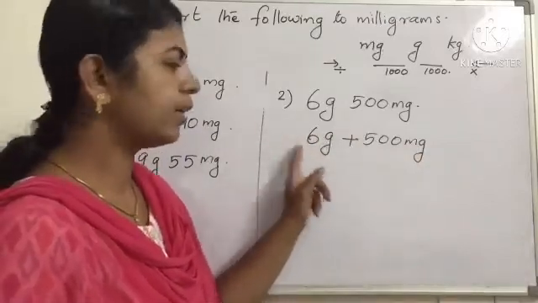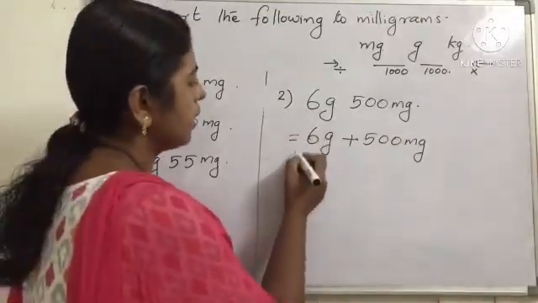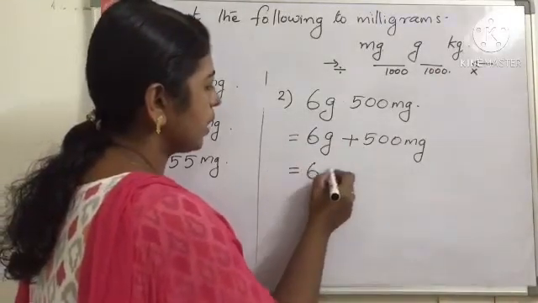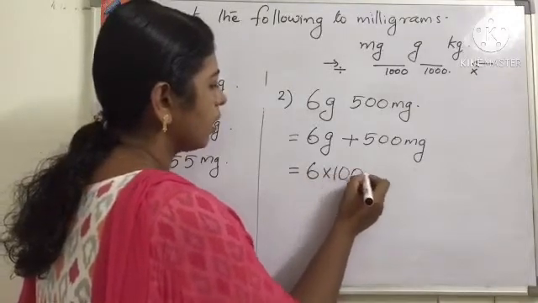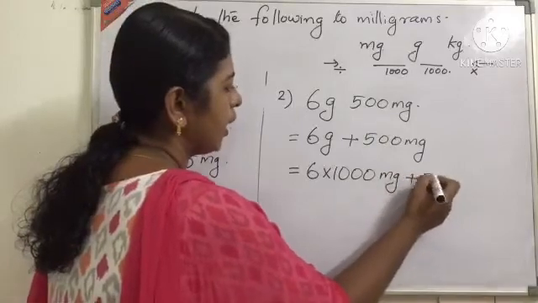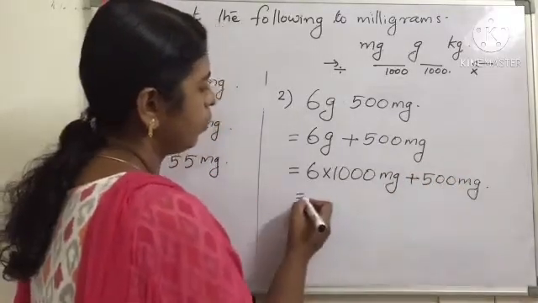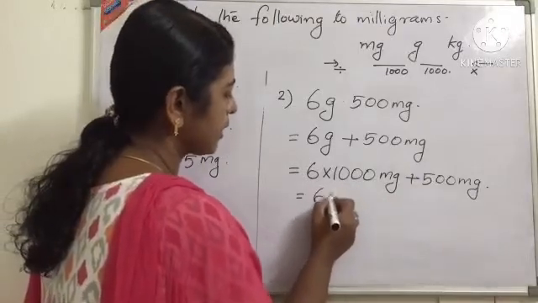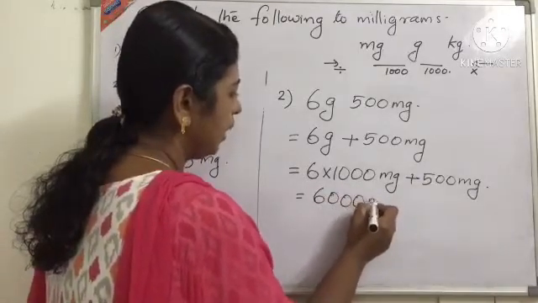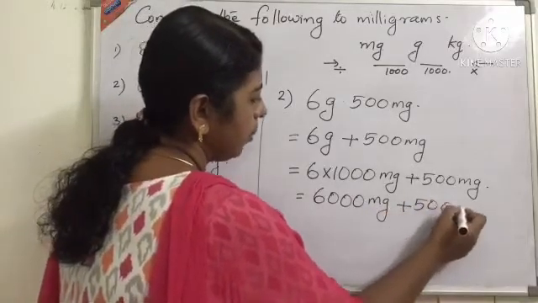Then we want to convert this 6 gram into milligram. 6 into 1000, now it's converted to milligram, plus 500 milligram. It's equal to 6000 milligram plus 500 milligram.